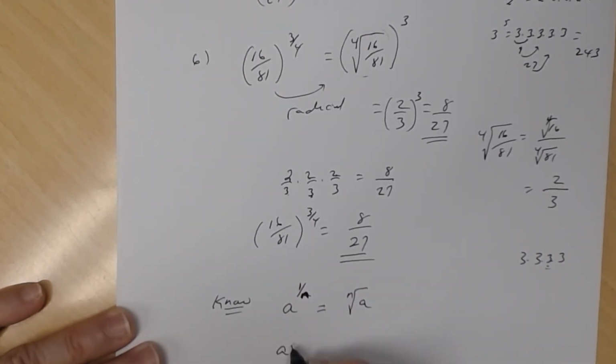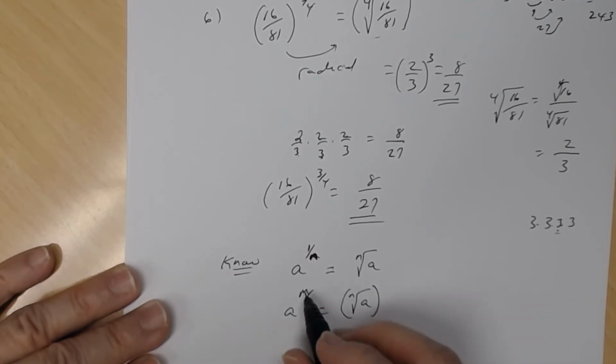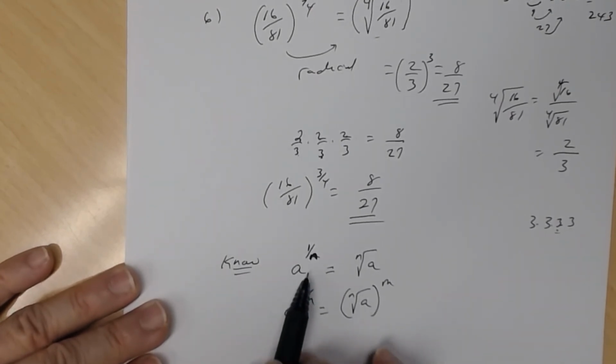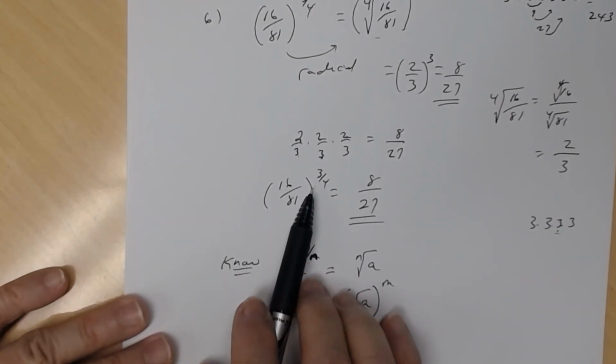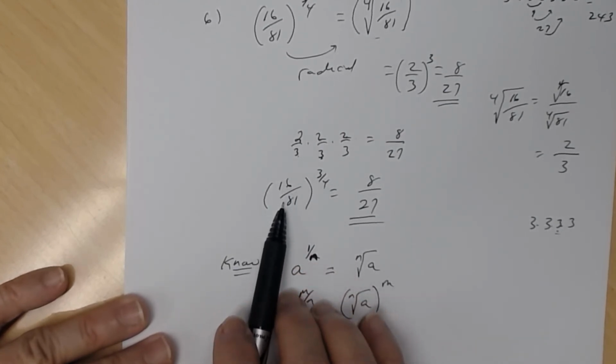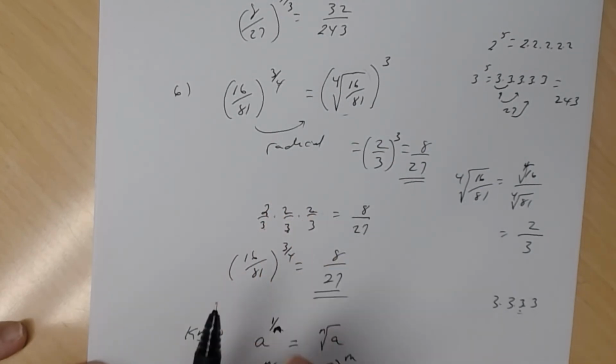And we know that a to the m divided by n is the nth root of a, where the denominator is your index, and all that is raised to the numerator, the m power. So now you know how to deal with rational exponents. To simplify expressions that involve rational exponents, you first change it to a radical, and then you go from there. Okay?